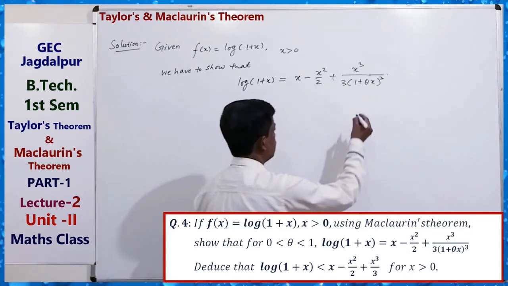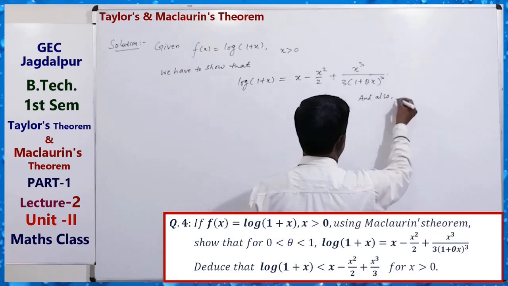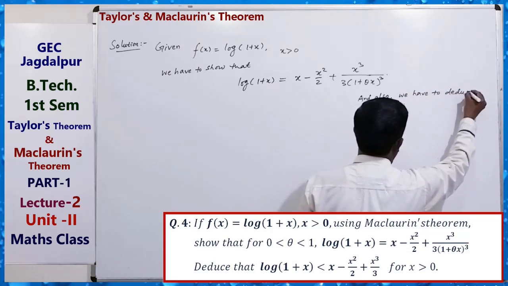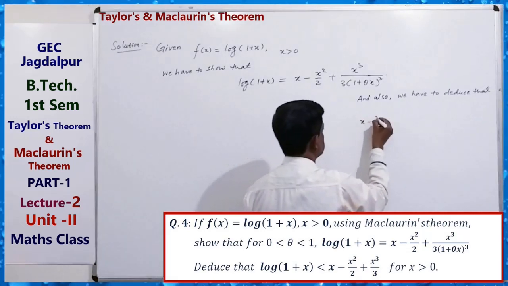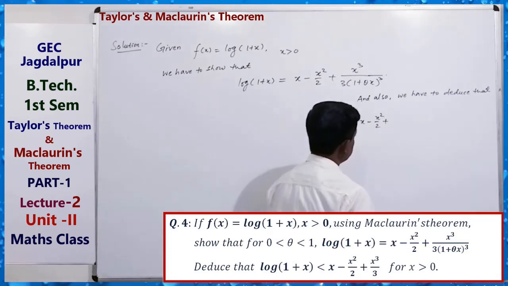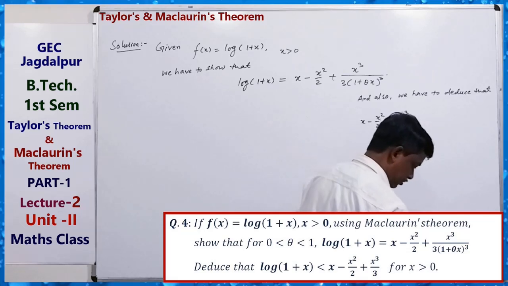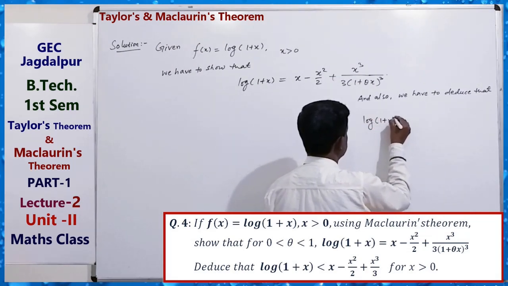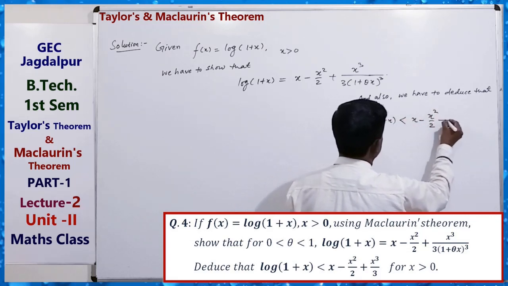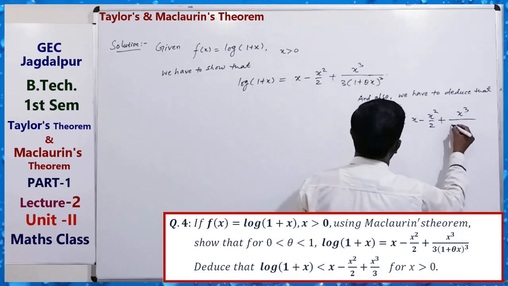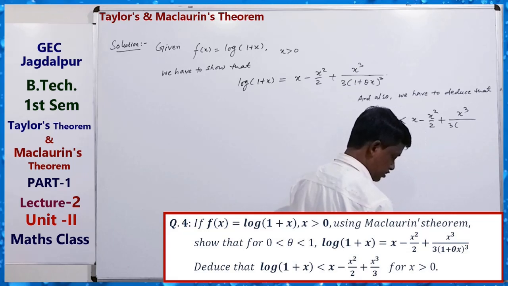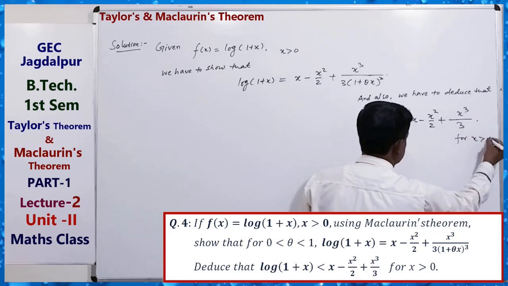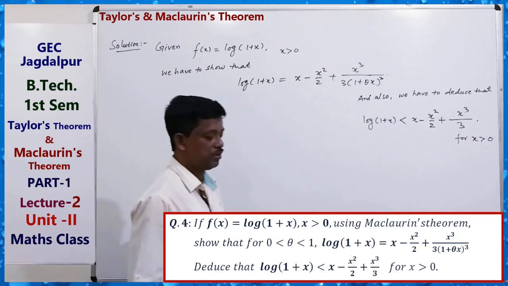We have to prove this, and also we have to deduce that log(1 plus x) is less than x minus x square by 2 plus x cube by 3, for x greater than 0.